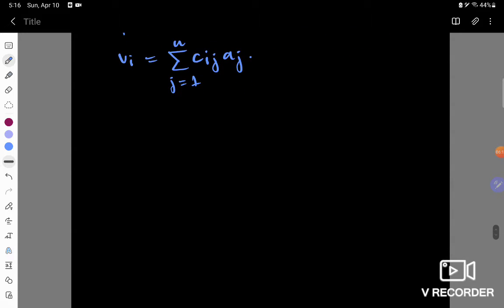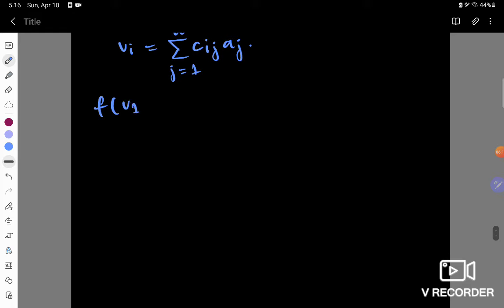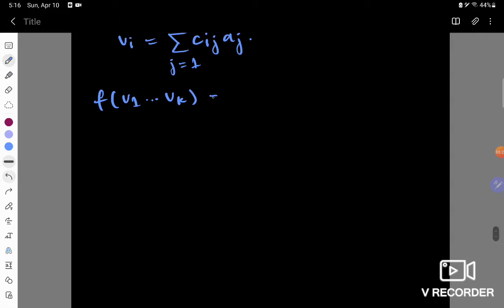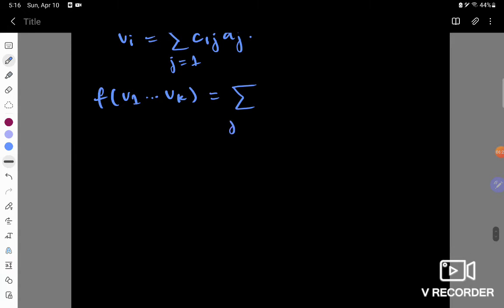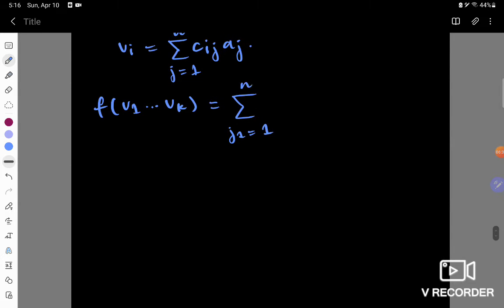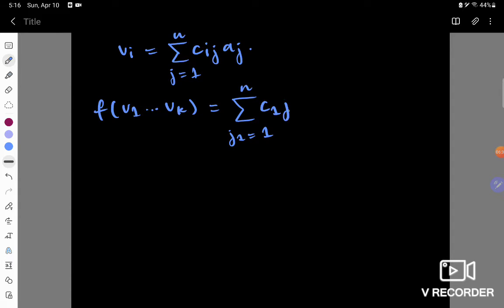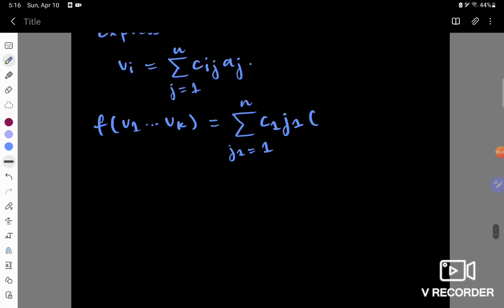Then we have f of v1 through vk, which equals this sum here, which is going to look a little bit convoluted at first maybe. So j1 equals 1, this is our index, we run through n as above, c_1,j1 times f of a sub j1, v2, and then through vk.